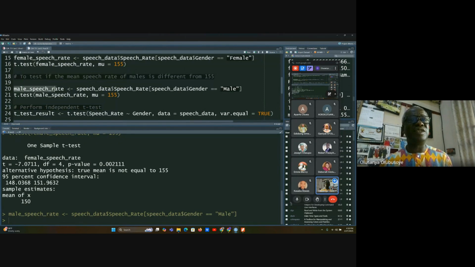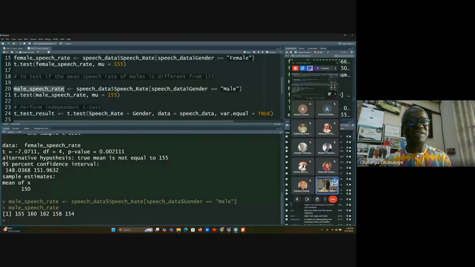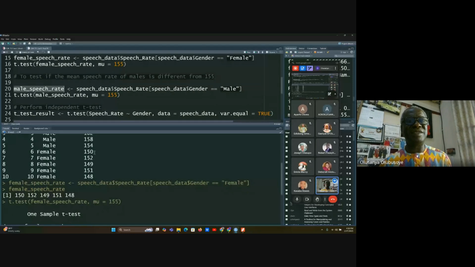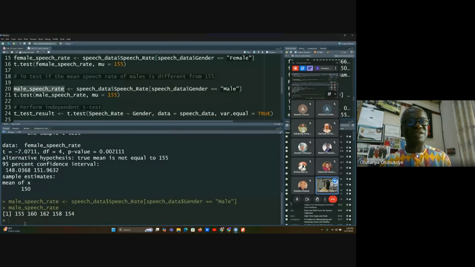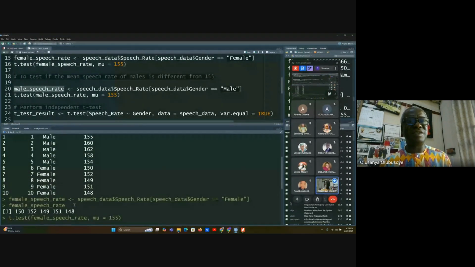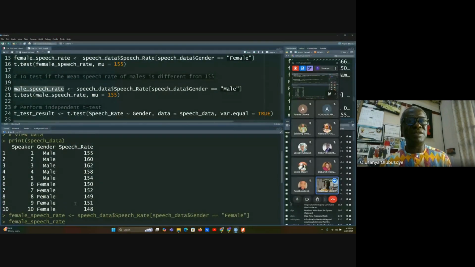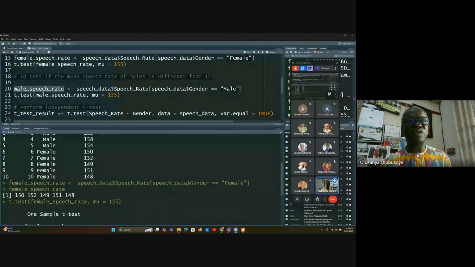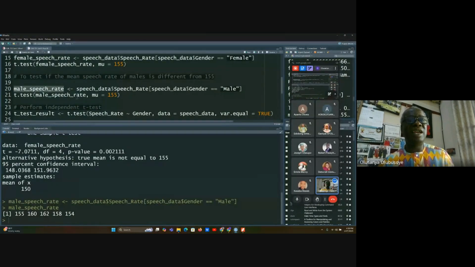And if we want to see the male speech rates, these are the male speech rates: 155, 160, 162, 164, and so on, up to 154.